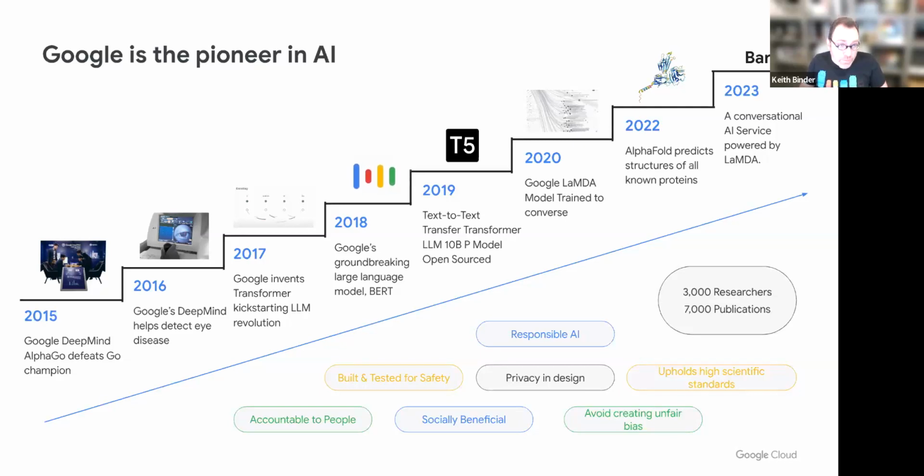If you've ever used Gmail, you may have started typing an email and all of a sudden Gmail knows the next couple words that you want to say. Behind the scenes, that was a large language model. And as you can see, we have 3,000 researchers and 7,000 publications within that space. Next slide.